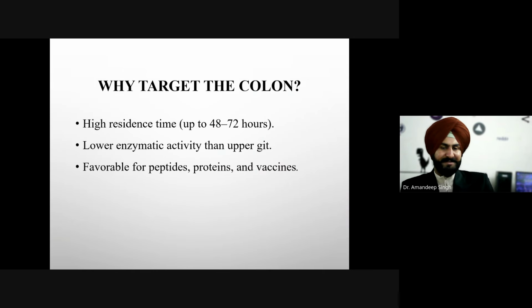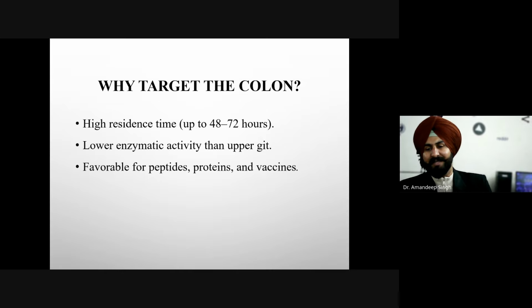The next important part is why we need to target the colon. To provide the drug at the specific site in the mucosal region, we need to target the drug. Apart from this, various enzymes are readily available in the colonic site which are responsible for the degradation of particular carriers.